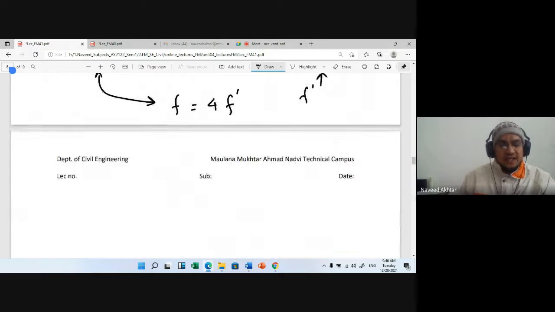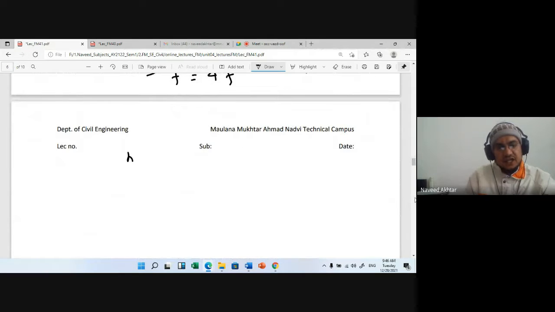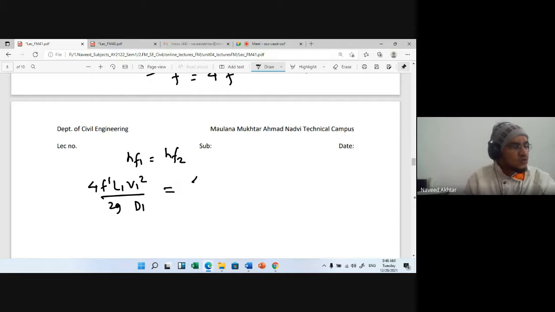Now we know that for pipes in parallel, hf1 is equal to hf2. If I write, 4f dash L1 V1 square upon 2g D1 will be equal to 4f dash L2 V2 square upon 2g D2.